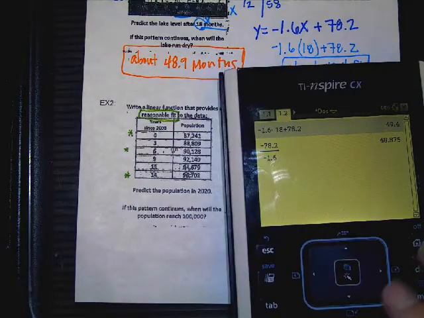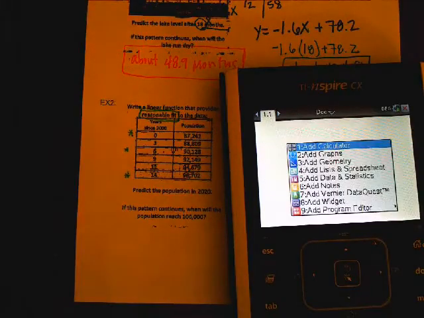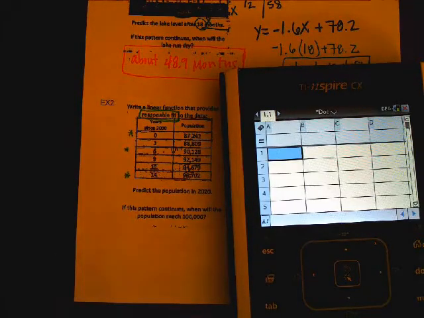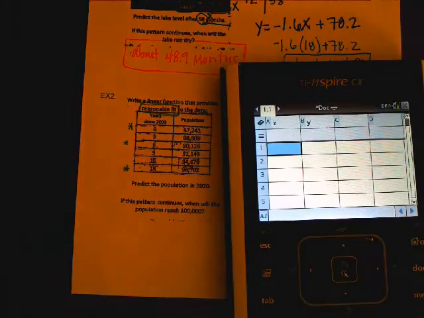All right, so we need to come up with an equation. So we're going to go to lists and spreadsheets because it says write a linear function. So x and y. How do I know that this is a scatter plot? Reasonable fit.